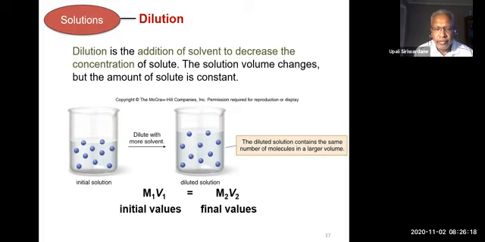So initial values, final values. Knowing the molarity of the concentrated initial solution and the volume and molarity of the diluted solution required, you can calculate how much water needs to be added to get that dilute solution.